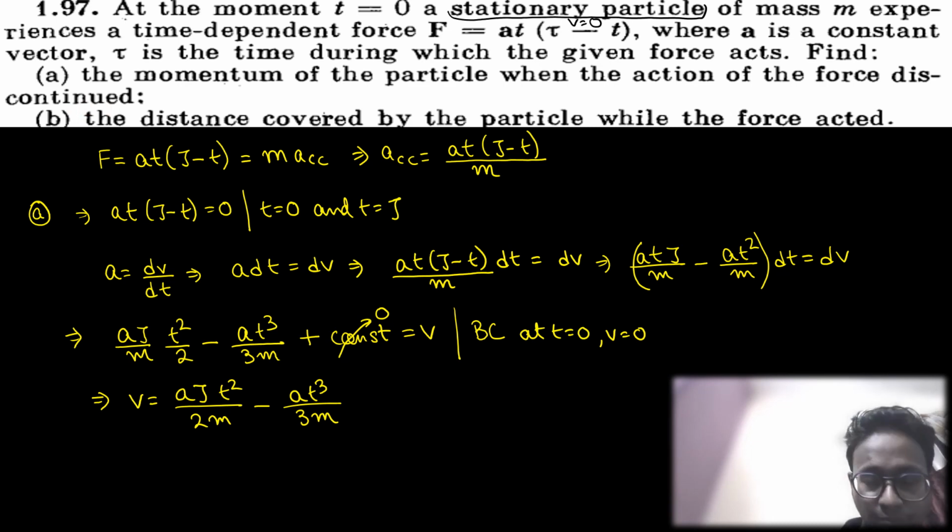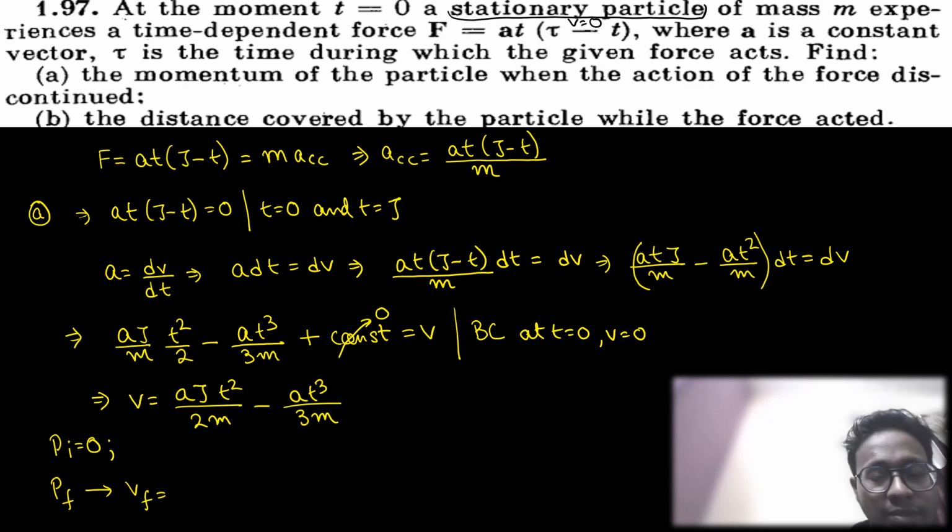At t is equal to 0, what is the momentum of the particle? 0. Why? Because v is equal to 0 and momentum is equal to mass into velocity. So p initial is equal to 0. Now what is p final? For p final you have to find v final. What is v final? You have to substitute t by tau, because you are finding it at tau when the force stops.